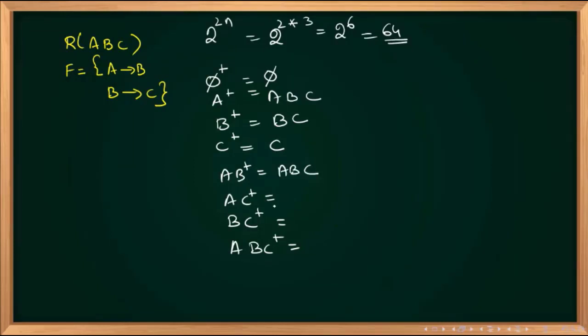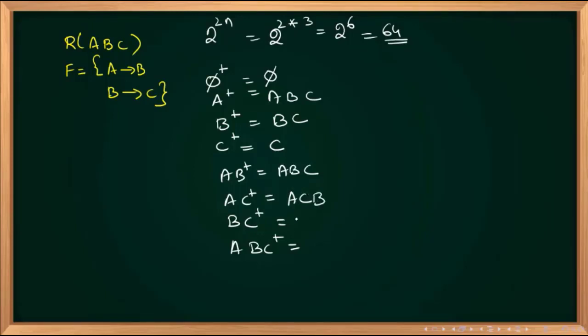AC closure. How much is AC closure? Which all are they? AC closure contains definitely AC, and because of that B will come.